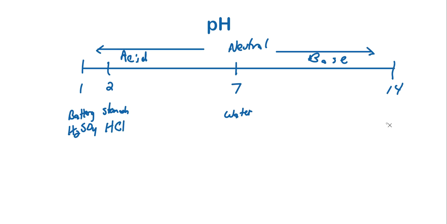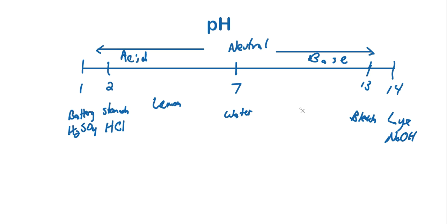Some things that go up here: lye, sodium hydroxide, we'll use often in our experiments. So lye is a very caustic base. Right around 13, concentrated bleach is actually a caustic base. Other things like acetic acid or lemon juice are acids.